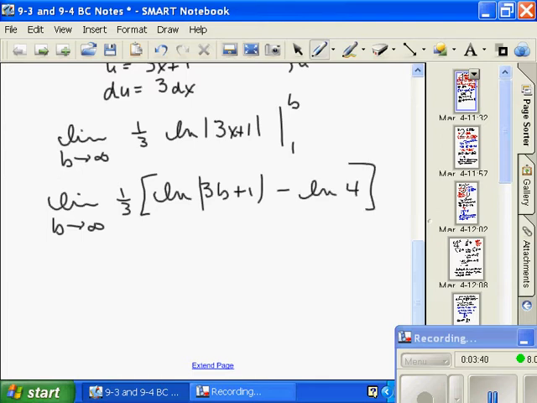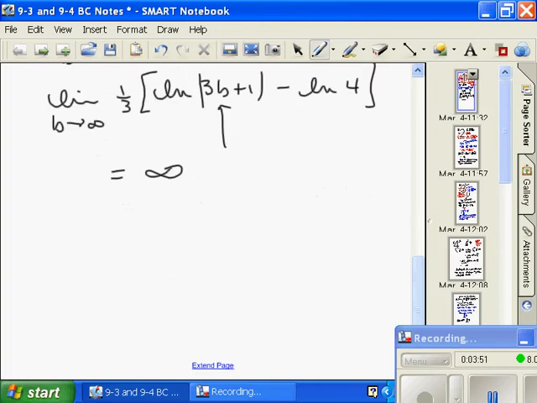Well, if I plug in infinity for b, I'm just going to get the natural log of infinity, so we know that limit will be infinity. So therefore I can say the series diverges. Maybe I should write it out like this.